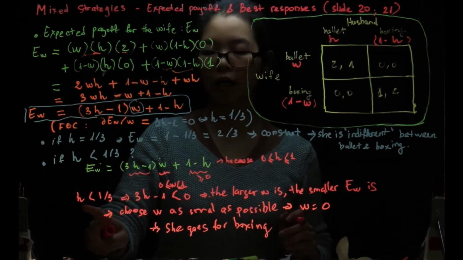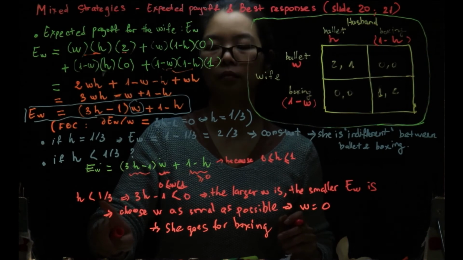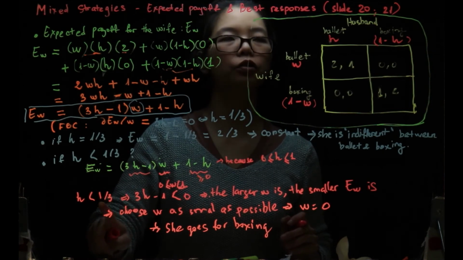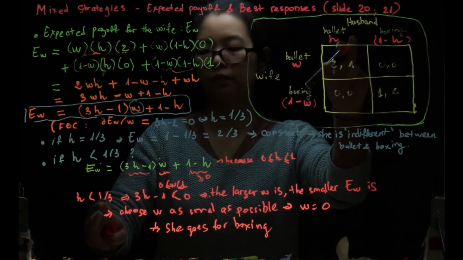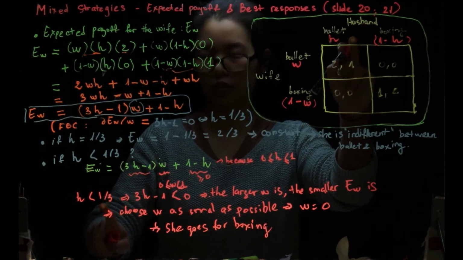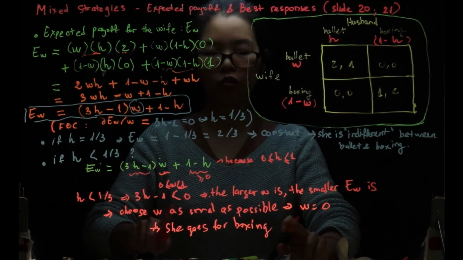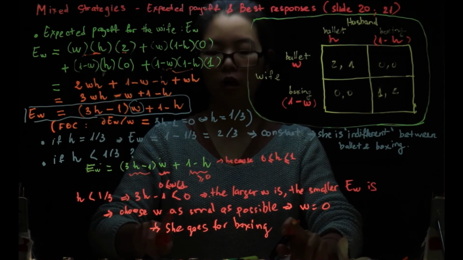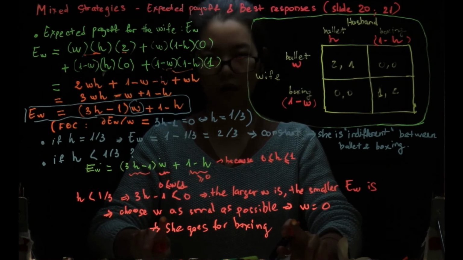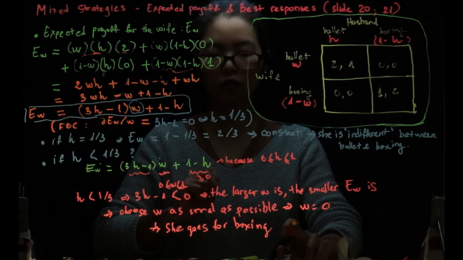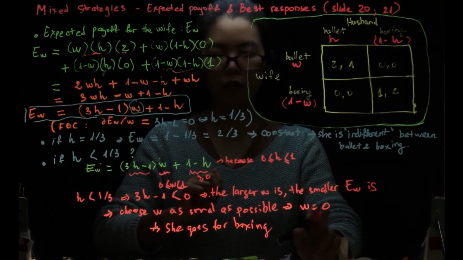So then we have already one case. If the probability that the husband goes for ballet is smaller than 1/3, she should choose her probability for going to the same activity, ballet, as small as possible, so 0.